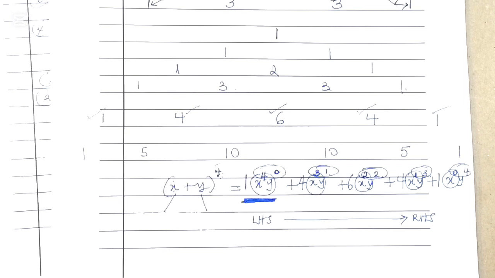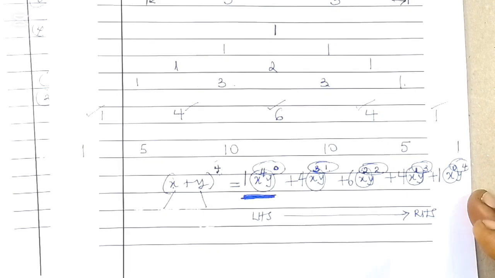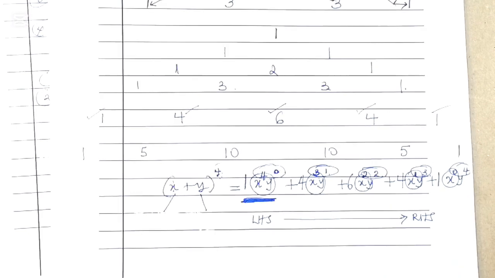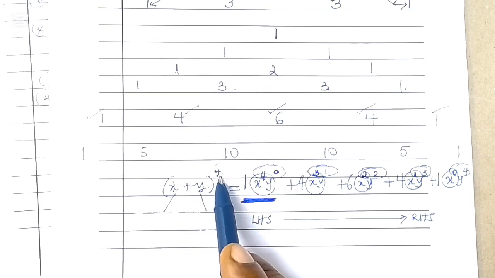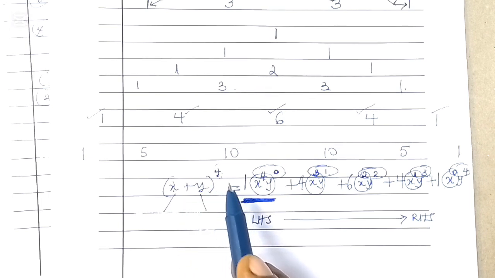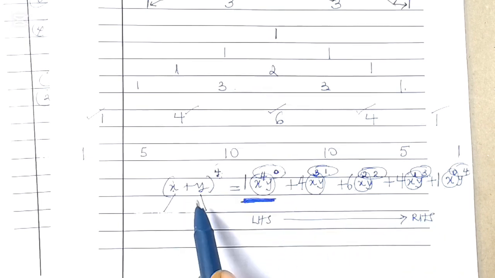It requires your understanding of the law that as you progress from left to right in an expansion, the power of the first variable, starting with the highest power, keeps decreasing by 1, while the power of the second variable, starting with 0, keeps increasing by 1 to the highest power.